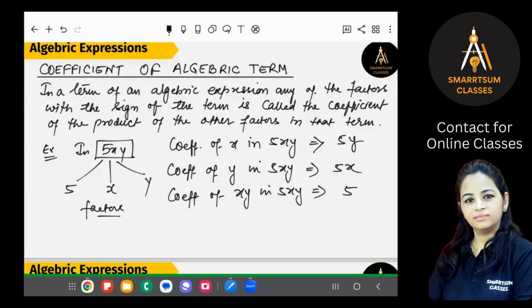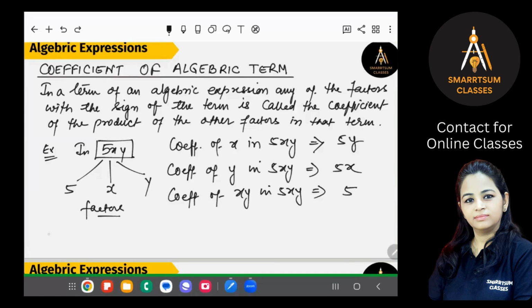And what will be the coefficient of that factor? It is the product of other factors within that term. I hope you're now getting it. So this is how we can find the coefficient in an algebraic term. But if we ask in a general way, what is the coefficient of the algebraic term, and we are not specifying any factor, then we will tell the numerical coefficient of that term.